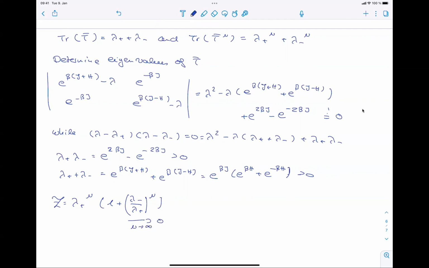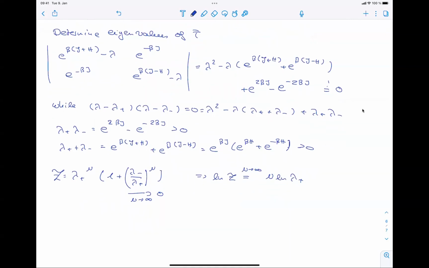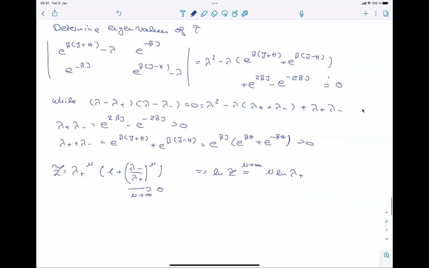This goes to 0 for n to infinity, and so ln Z for n to infinity is then actually just n ln lambda plus. Okay, but in this case, I agree. We can just write down the two eigenvalues if we were to care, which I do, over 2 plus 1.